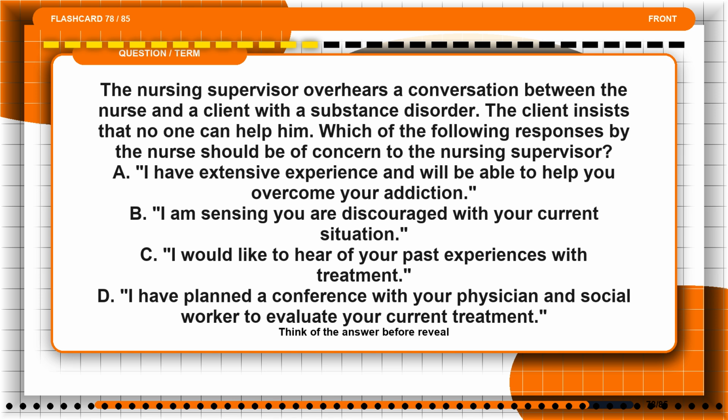B. I am sensing you are discouraged with your current situation. C. I would like to hear of your past experiences with treatment. D. I have planned a conference with your physician and social worker to evaluate your current treatment. Think of the answer before the reveal.